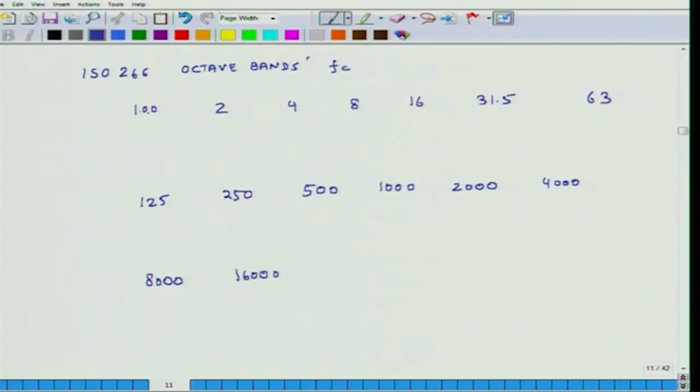And each of these bands also has a band number. So the band number of this one is 0. What is the meaning of this band number? We'll see it later, but for the moment just remember that it has a band number. The band number for the second octave band, which has a center frequency of 2, is 3, this is 6, this is 9, this is 12, this is 15, this is 18, and I am going to complete this series.